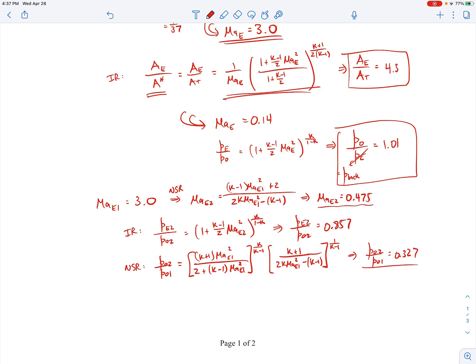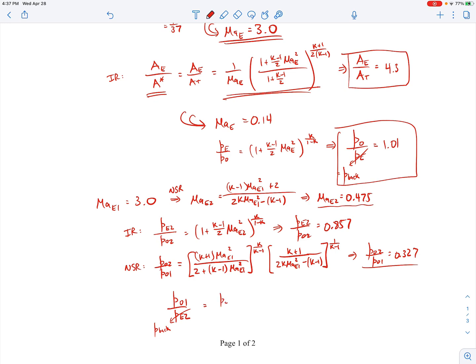So what I'm going to do now is I ultimately want to find what the back pressure to the upstream stagnation pressure is. So I'm going to take a ratio here. So P01 over PE2. Remember, PE2 is the same as the back pressure because it's subsonic just downstream of that shock wave. That will be the following. So I just need to combine these ratios together properly.